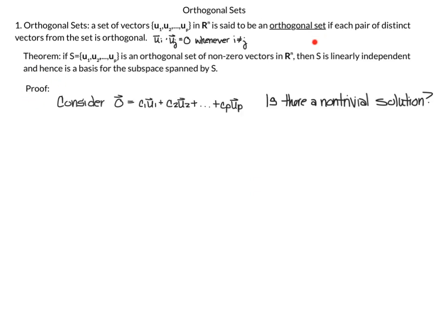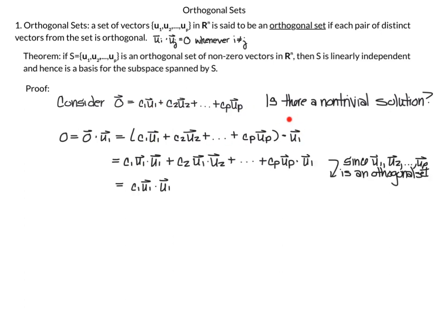If we want to know if a set is linearly independent, we need to look at the homogeneous equation and ask ourselves, is there a non-trivial solution? Because that's exactly the definition of linearly independent. We take this homogeneous equation and we're going to dot both sides of the equation by u1. So we're going to have 0 dot u1 and then this right-hand side of the equation dot u1.